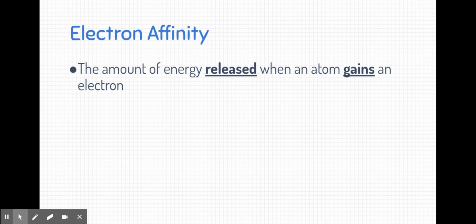Because some things are going to be the same about them, even though they're talking about opposing processes. So remember, ionization energy was energy that was having to be put in to remove an electron. Electron affinity is looking at it from the other perspective. How much energy is released when an atom gains an electron?